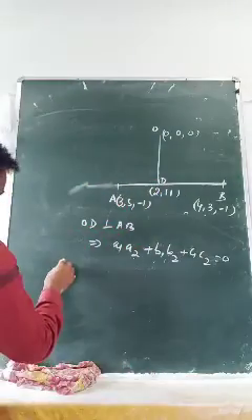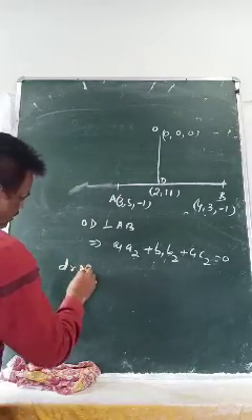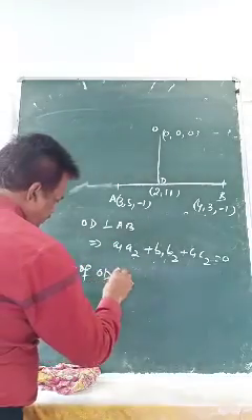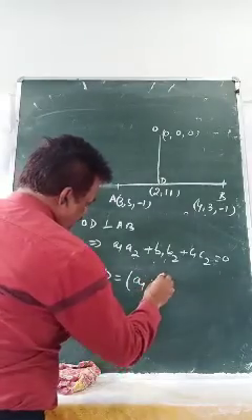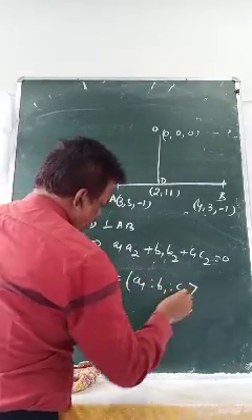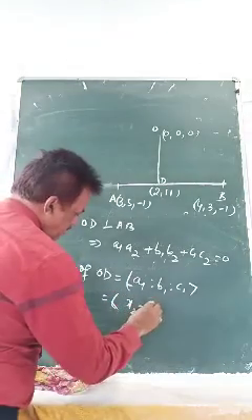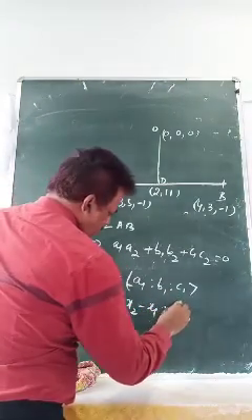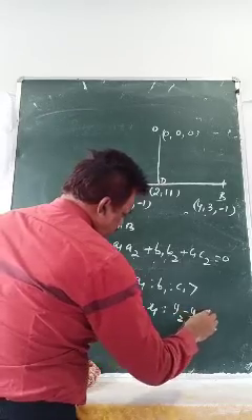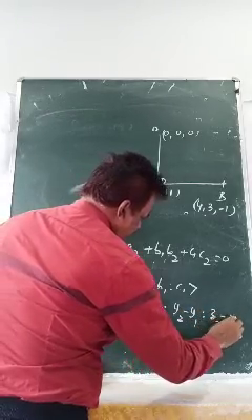So write down DR of OA, that is a1, b1, c1. Formula is x2 minus x1, y2 minus y1, z2 minus z1.